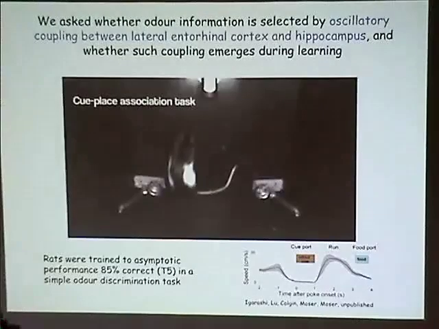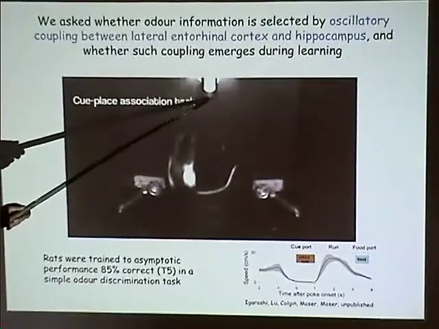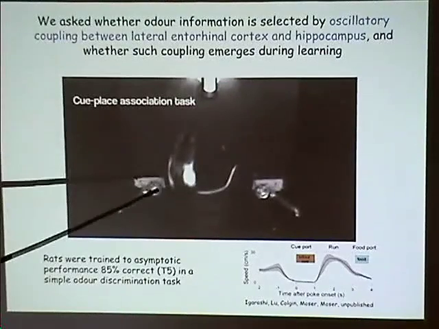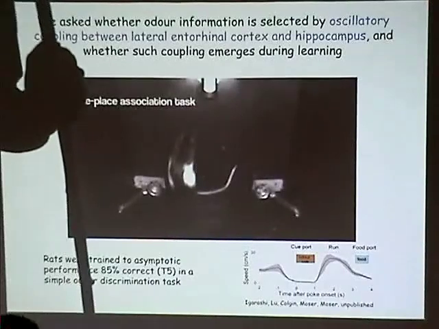In order to find out, we tested animals in an odor task where the rats sniffed in an odor port and then got odor A or odor B. It could be pine or it could be banana. Odor A would say that reward is to be found here, and odor B would say that reward is to be found there.